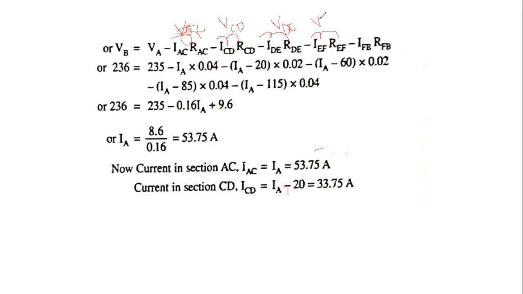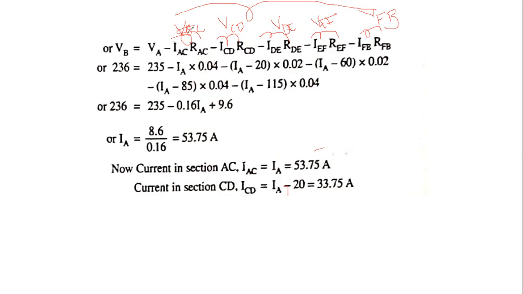Next, this is the voltage drop across the E to F section. Next, this is the voltage drop across the F to B section. These are the various voltage drops at the various sections.